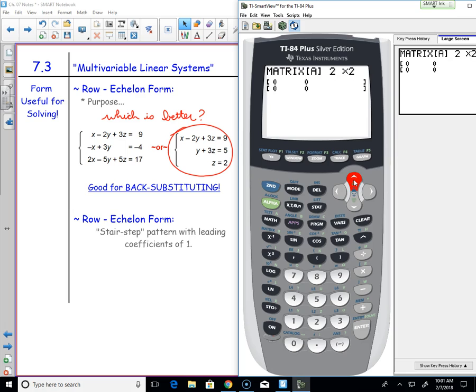I need to get all the numbers in. 3 by 1? No, I need to get all the numbers in. 4. 3 means 3 rows, right? Okay. Why did someone say 3 by 4? Because I need 3 rows and an X column, a Y column, a Z column, and a number column.